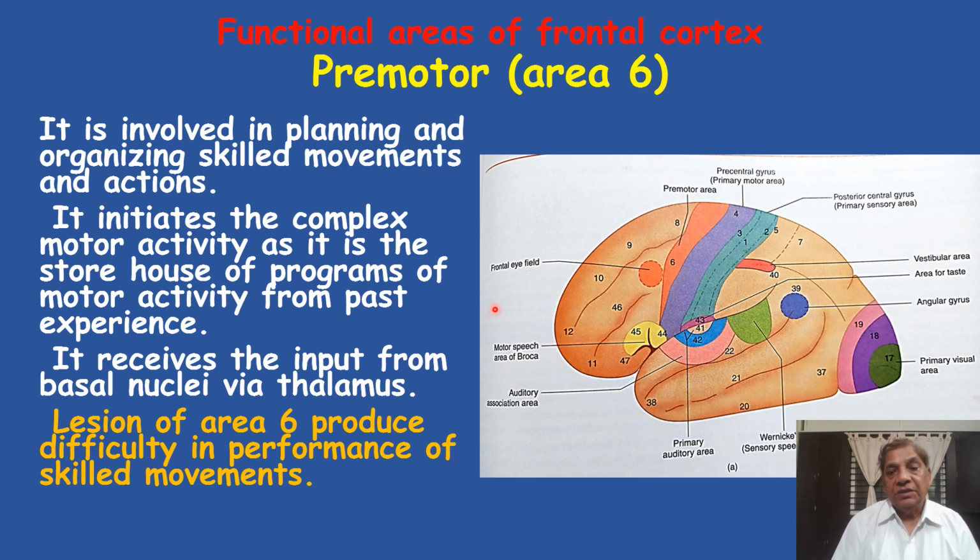So area number 6 ultimately projects on area number 4, which, according to the direction received from area number 6, leads to the movements, the contraction of the muscles. Now this area number 6 itself is under the control of input fibers coming from the basal nuclei via the thalamus.